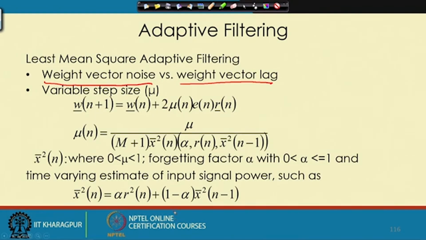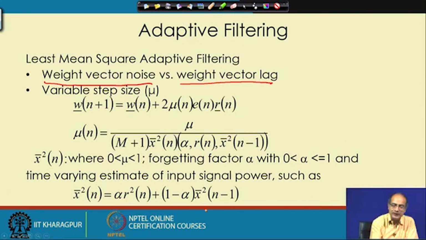We cannot minimize both at the same time. But if we change the value of mu appropriately, with a little high value at the beginning, we can reduce the weight vector lag, and once it goes to convergence, we reduce it to again reduce the weight vector noise. With that expectation, we come up with a new update equation where mu is changing over time.